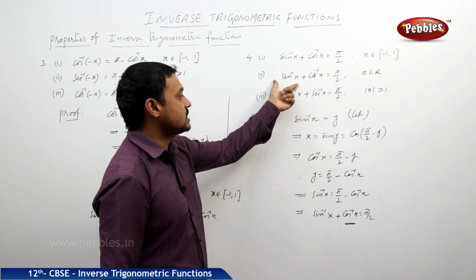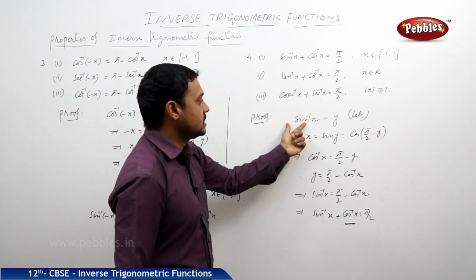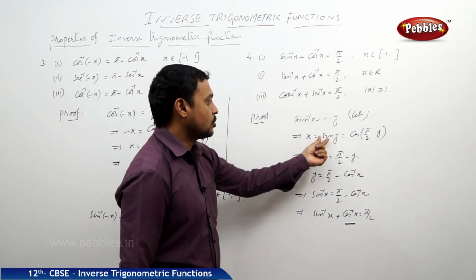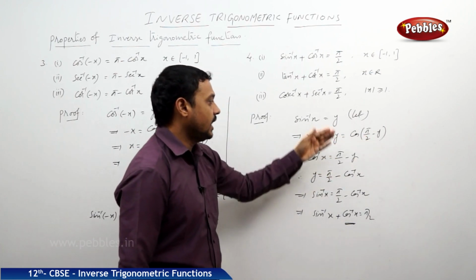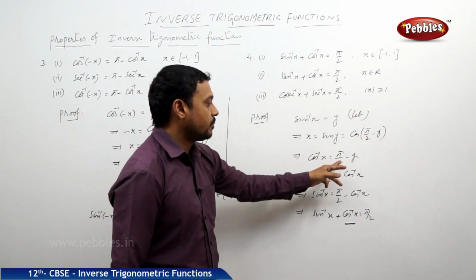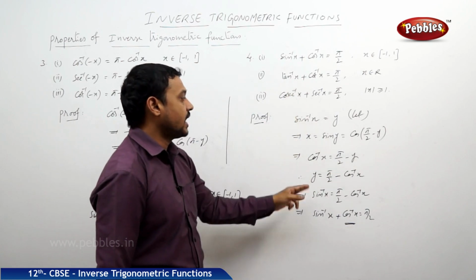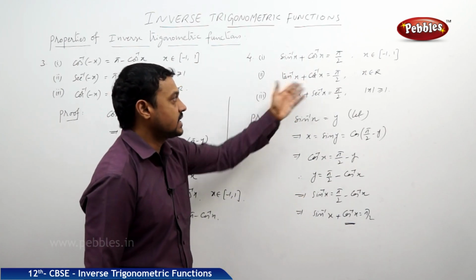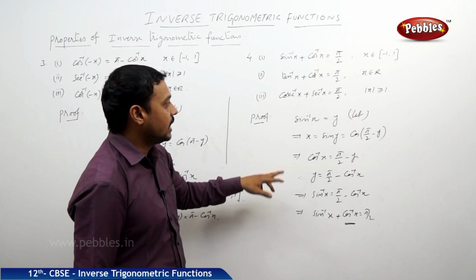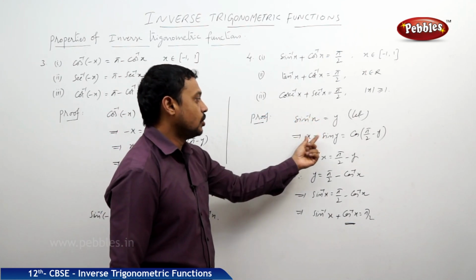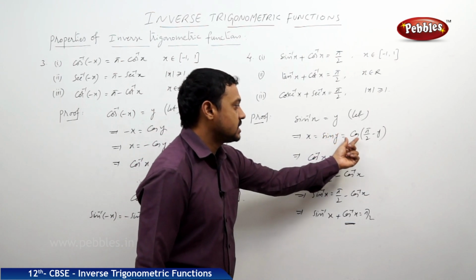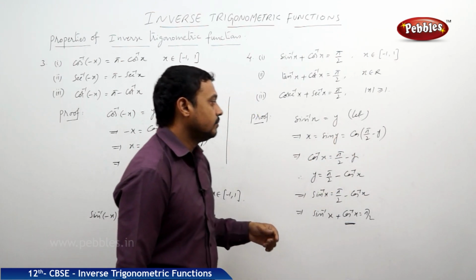For this case, consider tan inverse x is equal to y, x is equal to tan y, but tan y is equal to cot of pi by 2 minus y. And cot inverse x is equal to pi by 2 minus y, where y is equal to tan inverse x, and substituting we get the second property. Similarly, consider cosecant inverse x is equal to some y, x is equal to cosecant y, but cosecant y is equal to secant of pi by 2 minus y.